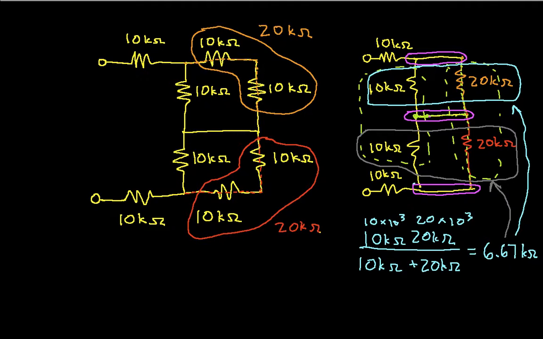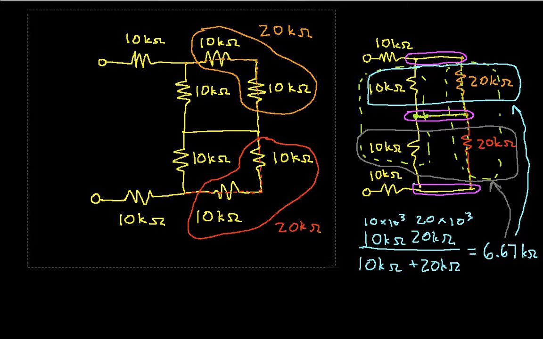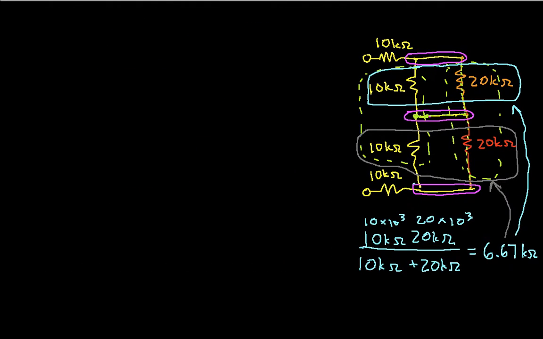So at this point, let's redraw the network and see what we've got. I have 10k ohms. This one was in light blue.